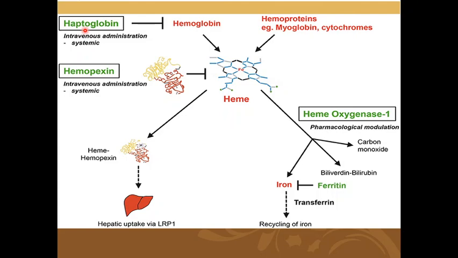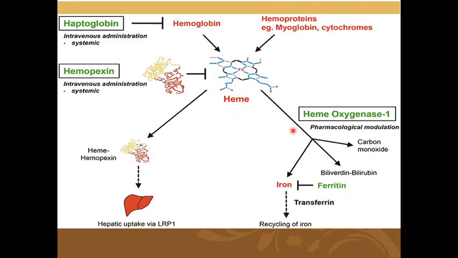Haptoglobin combines with the hemoglobin, whereas hemopexin combines with the heme. In this way, the normal metabolic pathway takes place. Hemopexin we will discuss in the next chapter. Heme is taken up by the hepatic cells as the heme-hemopexin complex.